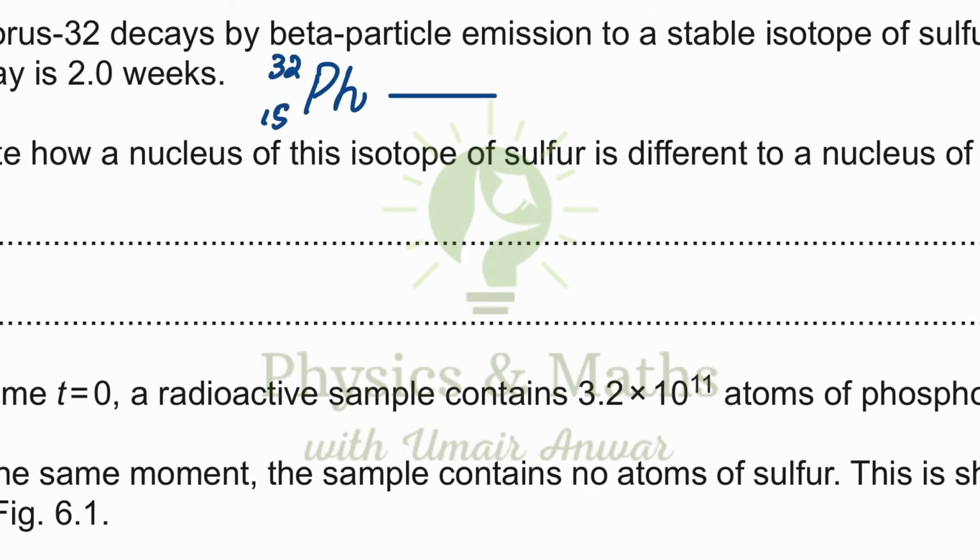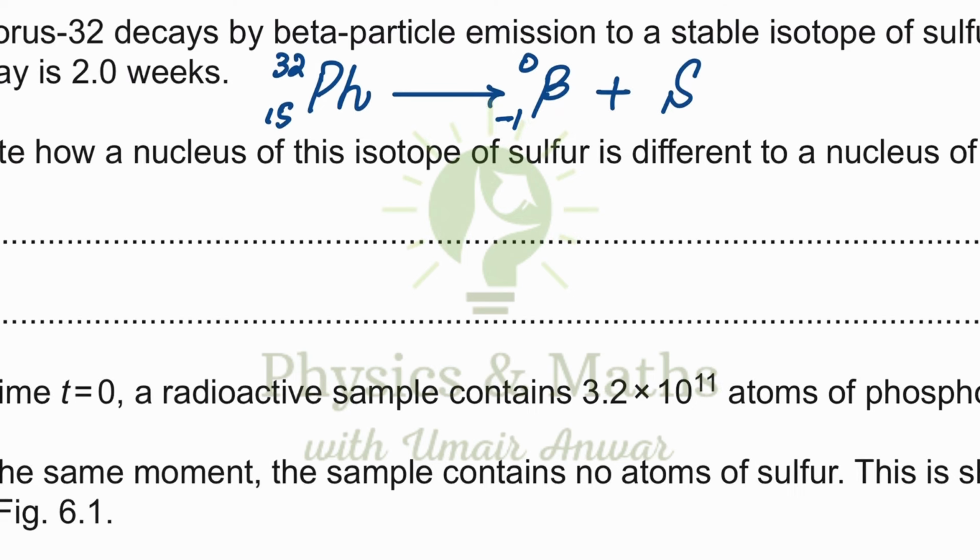And when this emits a beta particle, beta has a charge number of -1 and mass number of 0. Since its mass is negligible and it has a negative charge, a new element, sulfur, would be formed. Now, as in all beta decays, the proton number would rise by 1.